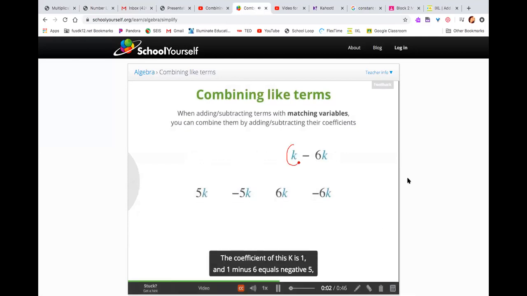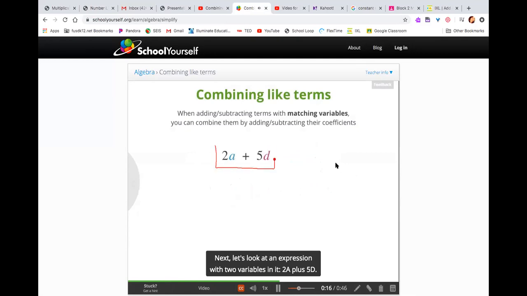Precisely. The coefficient of this k is 1, and 1 minus 6 equals negative 5, meaning this expression equals negative 5 times k. Next, let's look at an expression with two variables in it, 2a plus 5d. The variable a is equal to some number, but the variable d can be equal to an entirely different number.